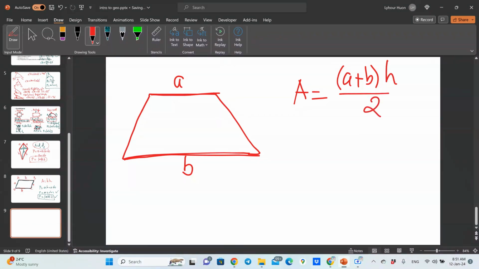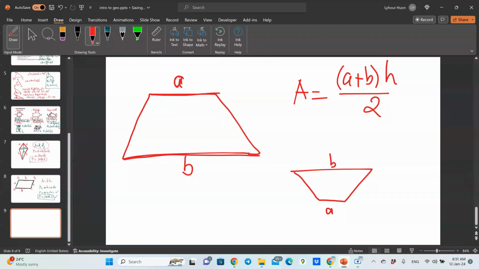A is also a base, but the smaller base, like the upper base. Sometimes you may see the trapezoid flipped, so A here, B here.